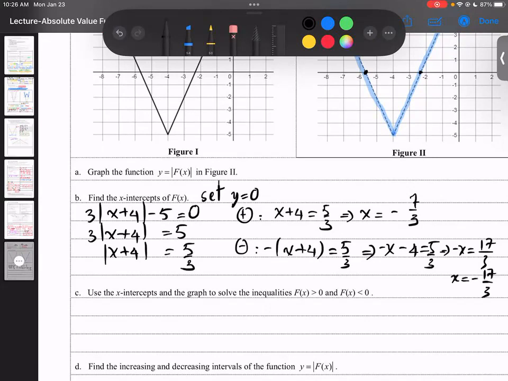Let me ask you, which one's smaller, negative 17 over 3 or negative 7 over 3? What do you mean, here or here? Oh, I just isolate, add 5, right? So far so good? And then divide both sides by 3. I still have the absolute value. And then I split into two cases, and I have a negative here for the negative case.